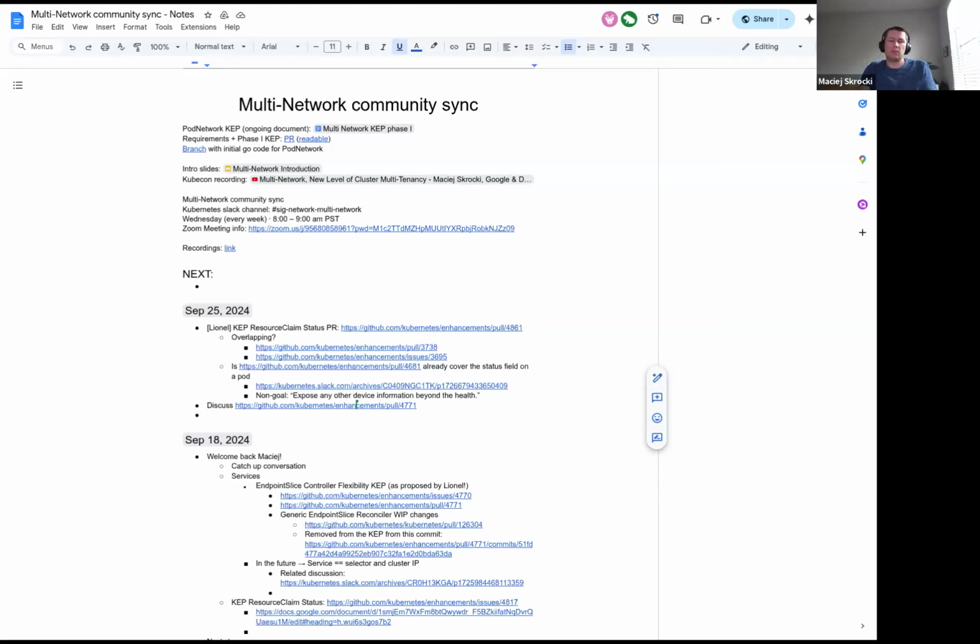Well-known label on a service. Okay. Disable endpoints EPS controller. Disable built-in EPS controller. Okay.